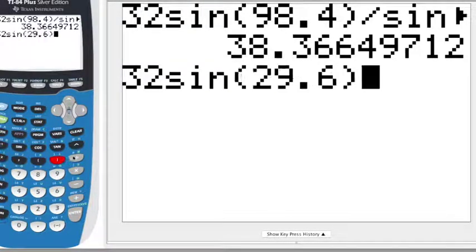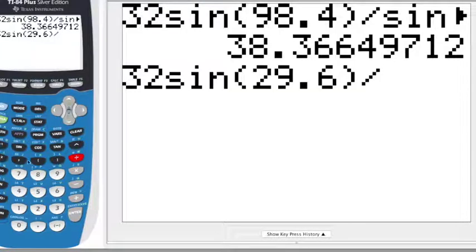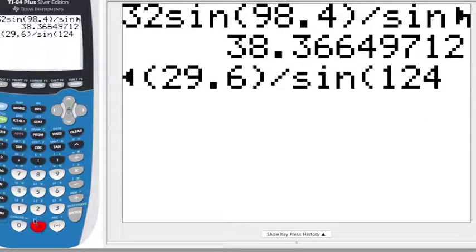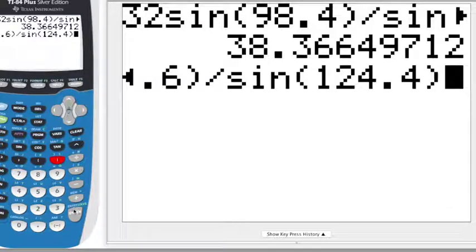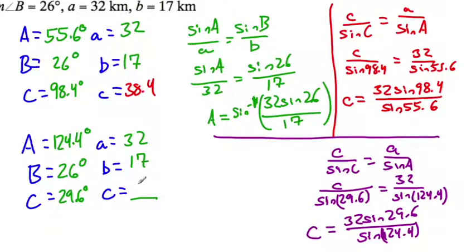And I'm going to be dividing this by sine of 124.4. And that gives me 19.2. So that means that this C is 19.2.